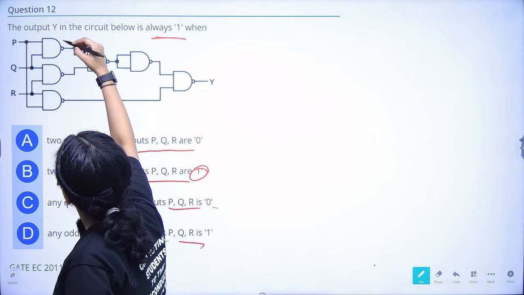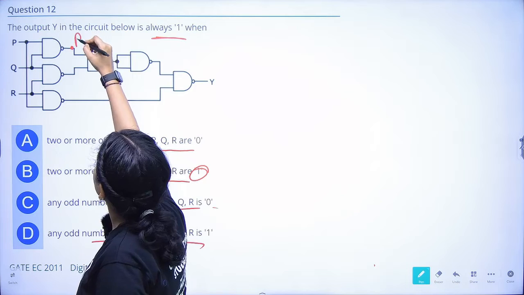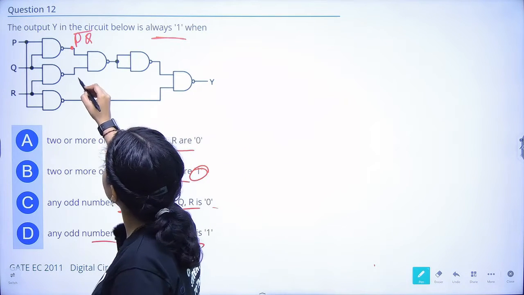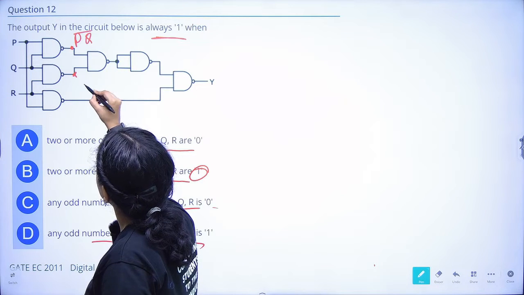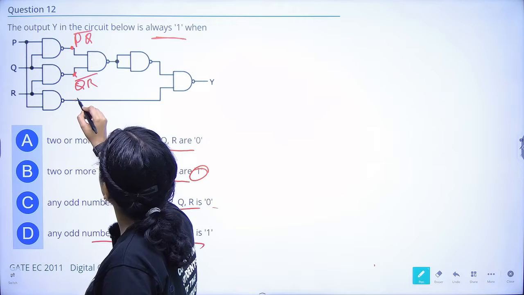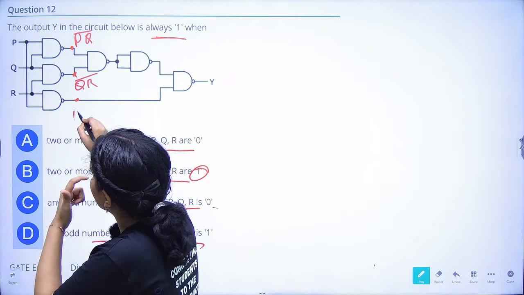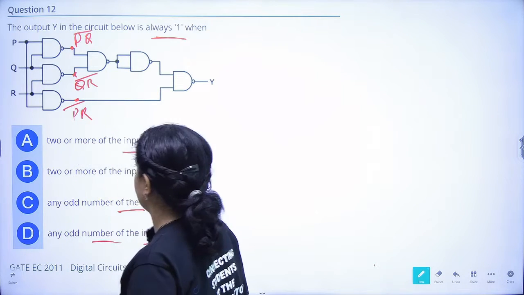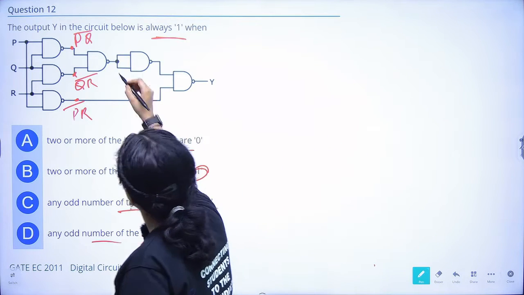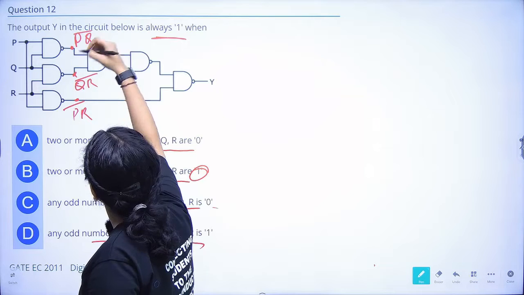So this is NAND. This is PQ bar. This is also NAND. This is QR bar. This is also NAND. This is PR bar. Now this is NAND of these two.